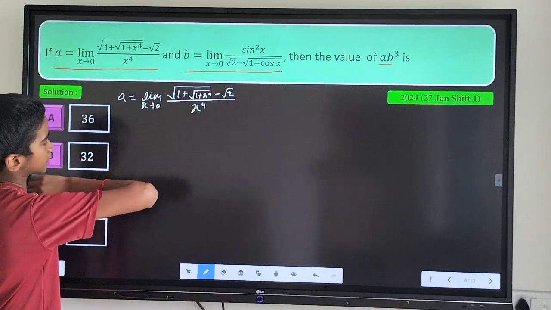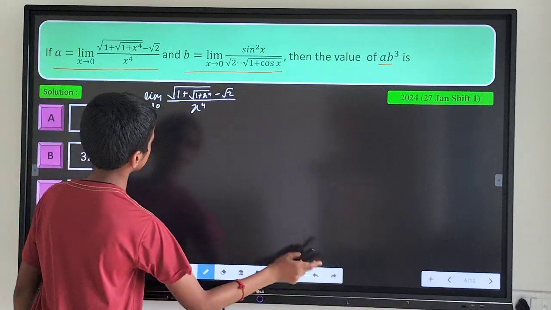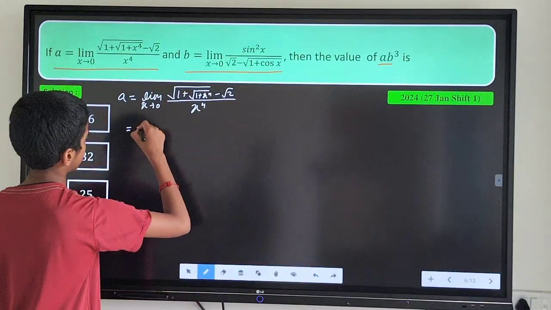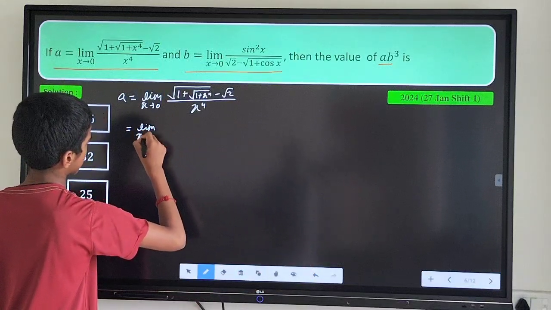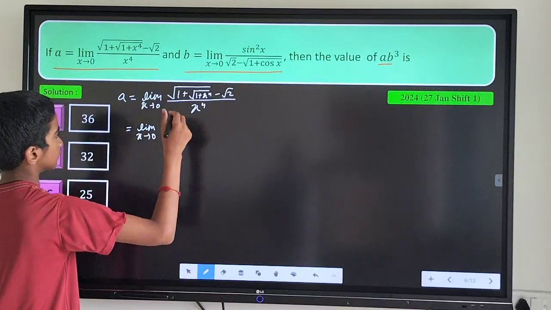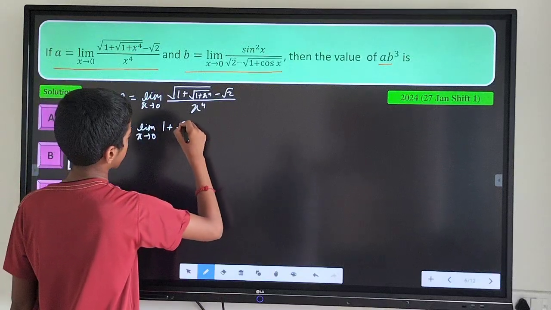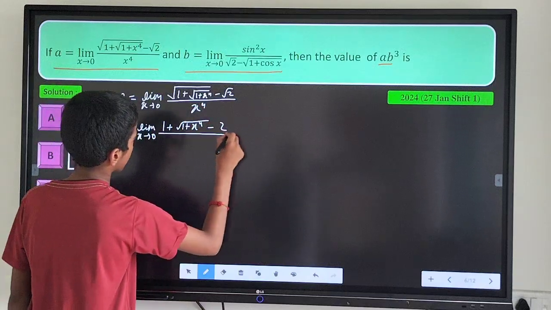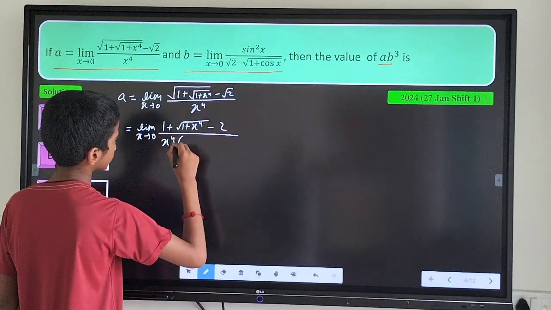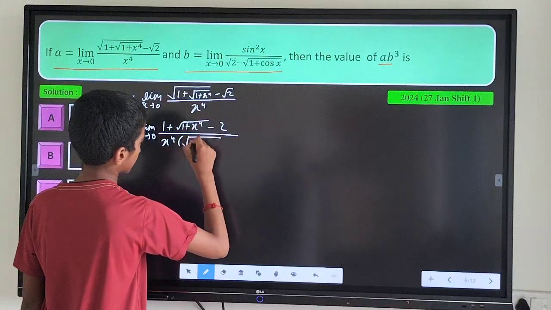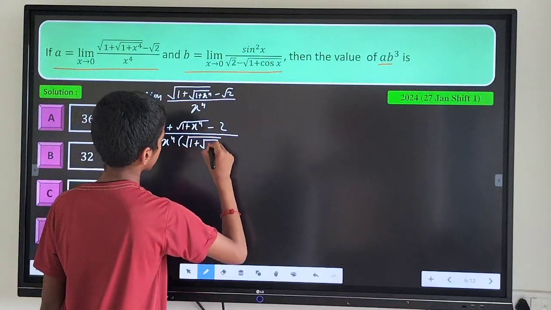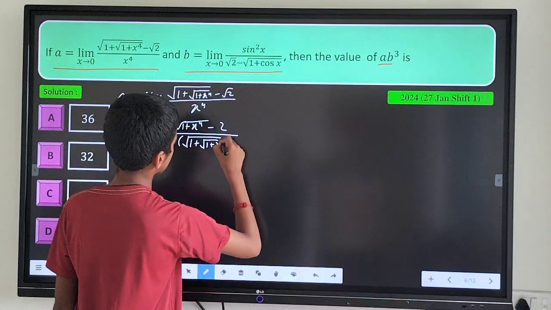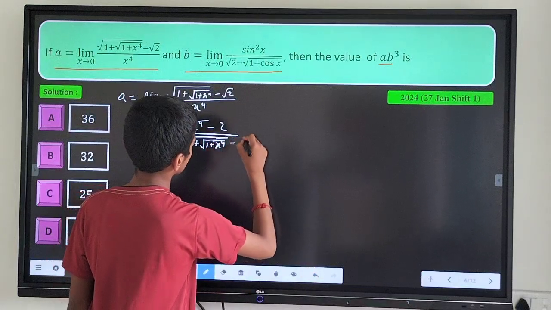Now we will rationalize the numerator, so we will get limit x tends to 0 of 1 plus under root of 1 plus x4 minus 2 upon x4 times under root of 1 plus under root of 1 plus x4 plus root 2.